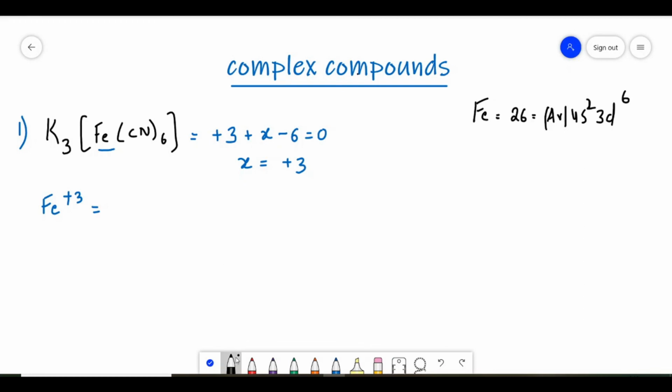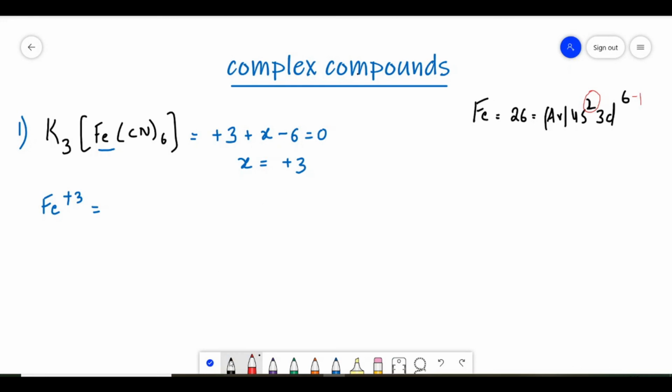Now we are writing the configuration of Fe3+. Fe3+ indicates a loss of 3 electrons. First we have to remove the electrons from the s orbital. Why? Because the outermost orbit is not 3, it is actually 4. So first we remove electrons from the 4s orbital, and then from the d orbital.